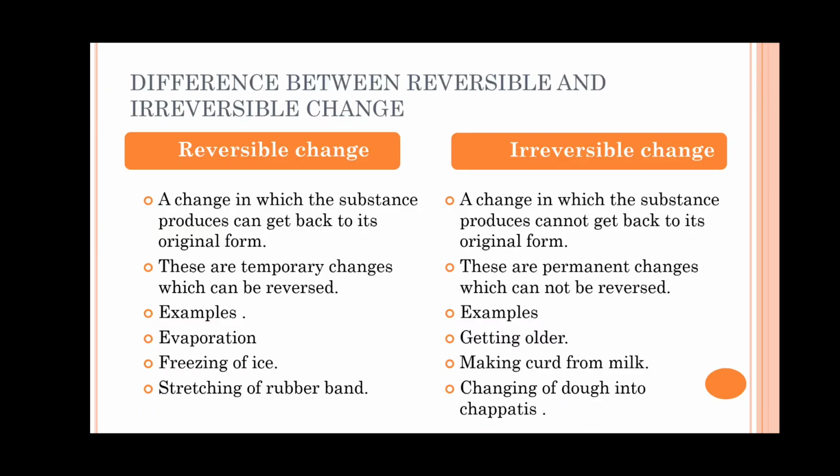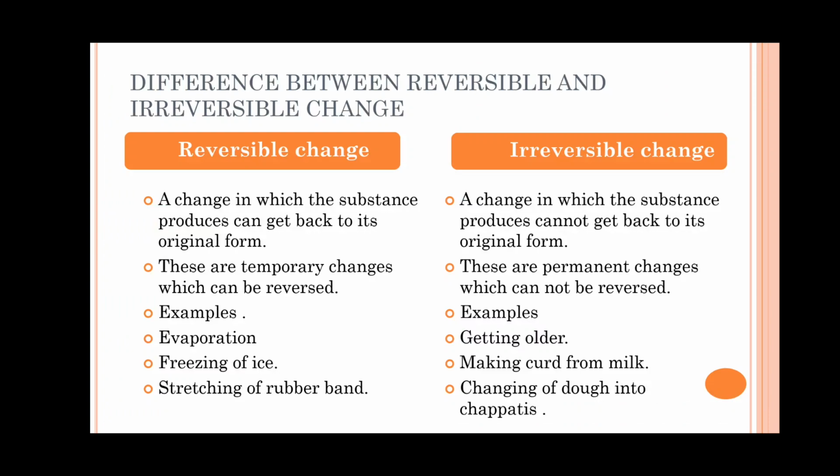Now, the difference between reversible and irreversible change. So, what is a reversible change? A change in which the substance produced can get back to its original form. An irreversible change is a change in which the substance produced cannot get back to its original form. So, reversible changes are temporary changes which can be reversed, whereas irreversible changes are the permanent changes which cannot be reversed.